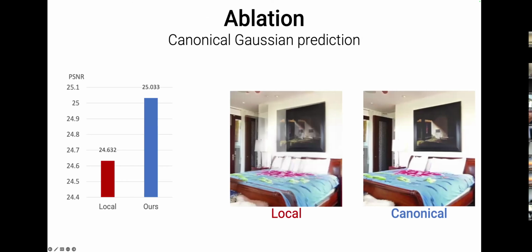To demonstrate the effectiveness of this canonical Gaussian prediction, compared to doing local prediction and then warping and all that, directly predicting in the canonical Gaussian space actually gives you high quality results, and you don't have these ghosting artifacts.